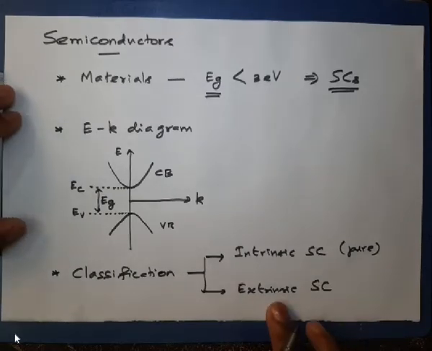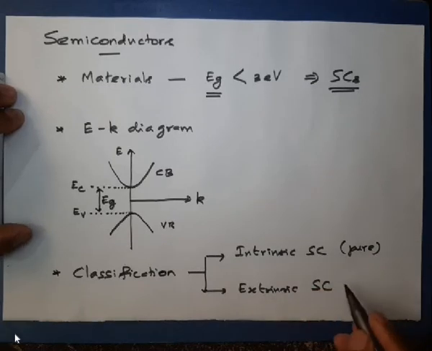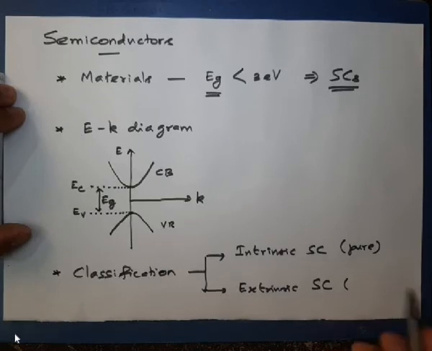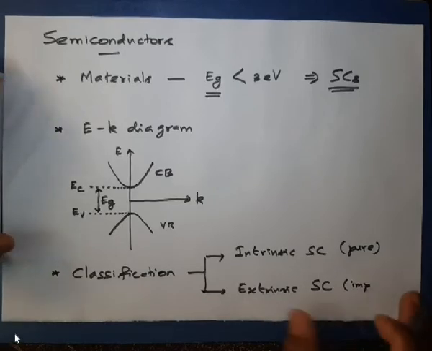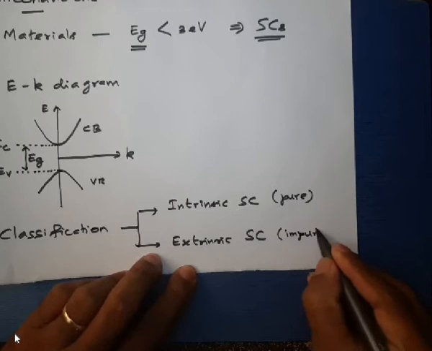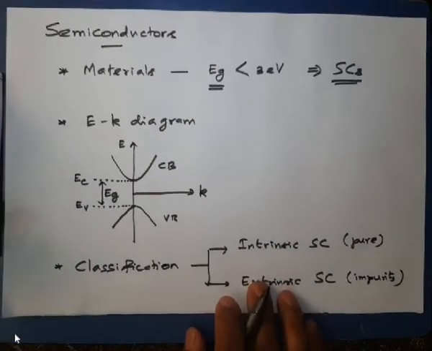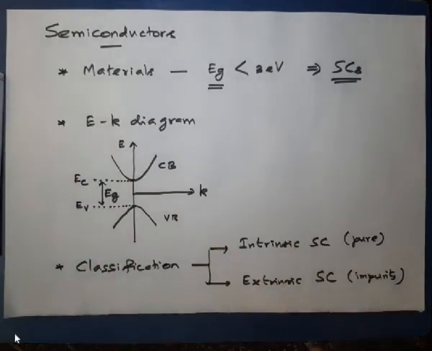Extrinsic semiconductor means we add some impurity to some crystals so that we can increase the carrier concentration. Impurity is added to some crystals so that the carrier concentration gets increased. We call those semiconductors extrinsic semiconductors.